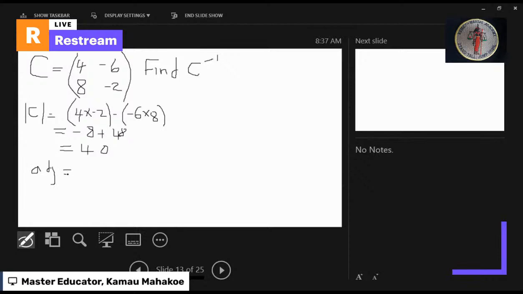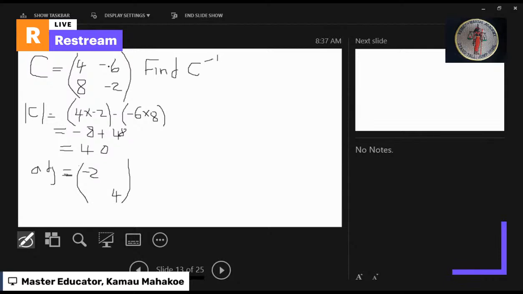And the adjoint would be A times D. So, sorry, for the adjoint, we switch places. Switch the A and the D, and don't change the sign of the A and D, just switch them. So we'd have -2 there, and the 4 goes down where D was.